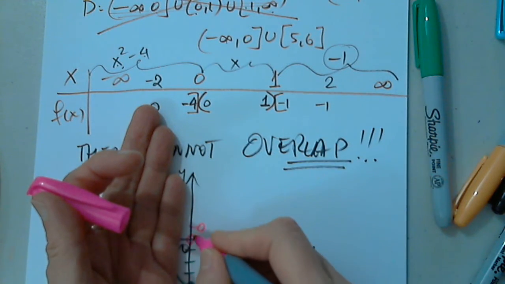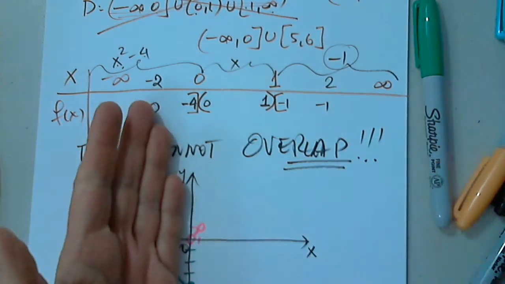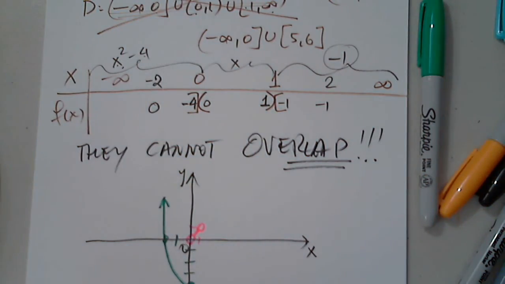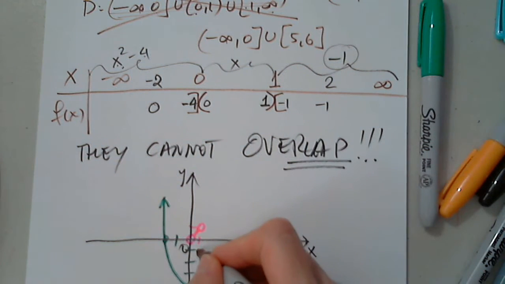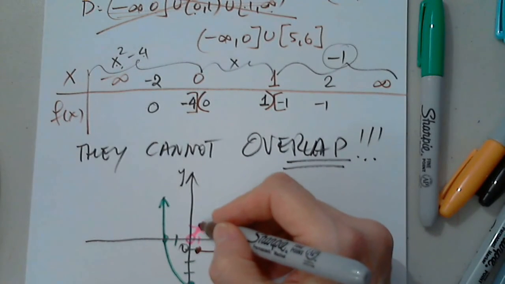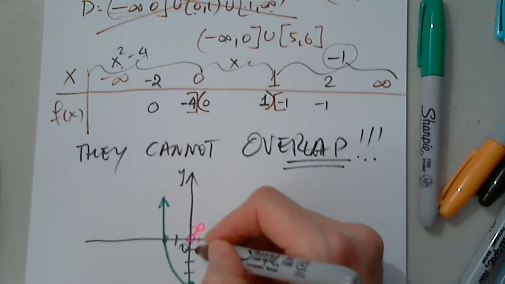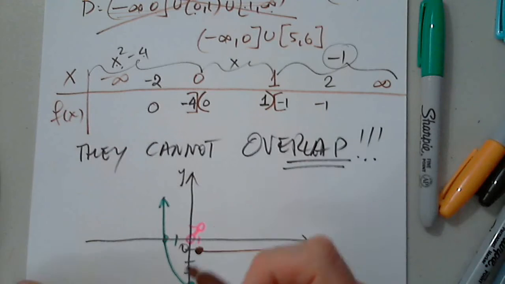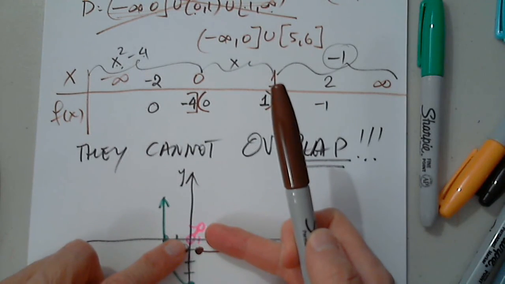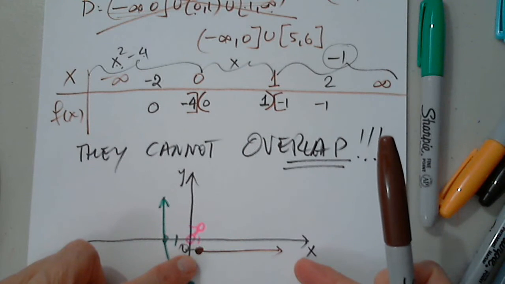Open, open, graph, done. And now I graph the rest at -1 all the way. So just make sure that this is open, but this is closed. As you see, the green does not overlap with the pink and does not overlap with the brown.